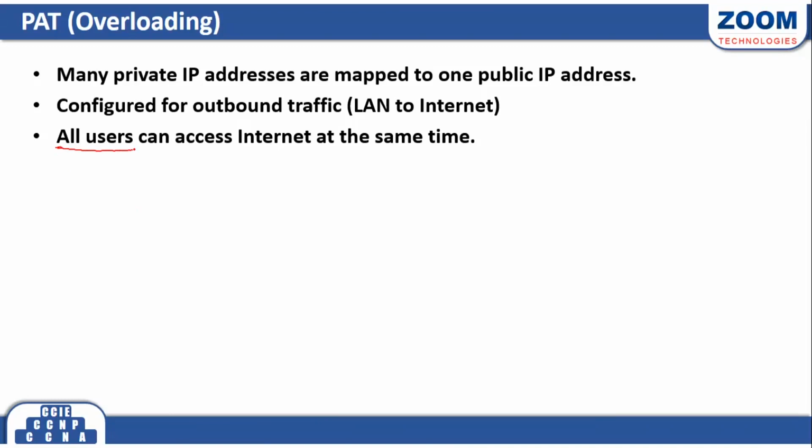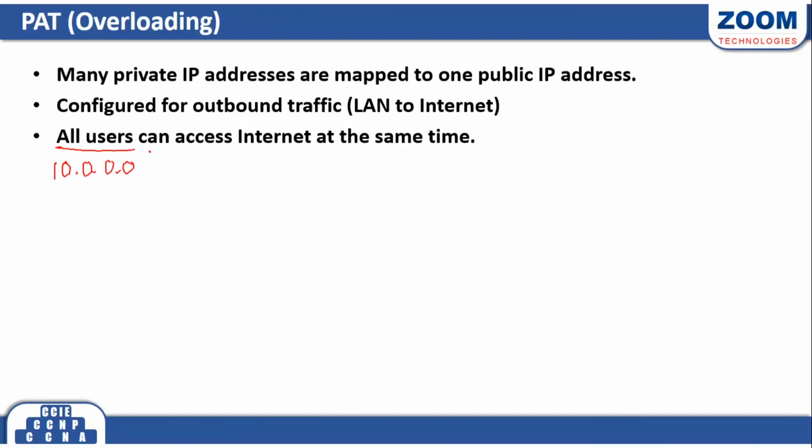All users means what? 10.2 user can reach the internet? Yes. 10.3, 10.4, 10.5, 10.6. What is the meaning of all users? The entire network. Agree, guys? All users means the entire network ID.